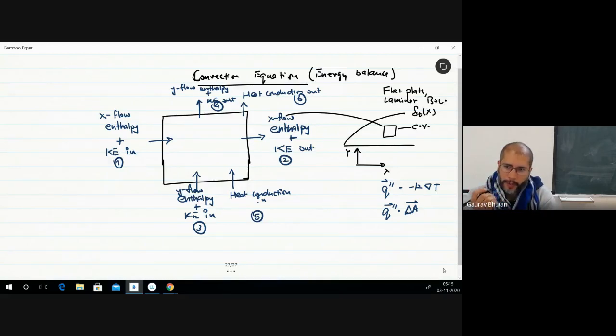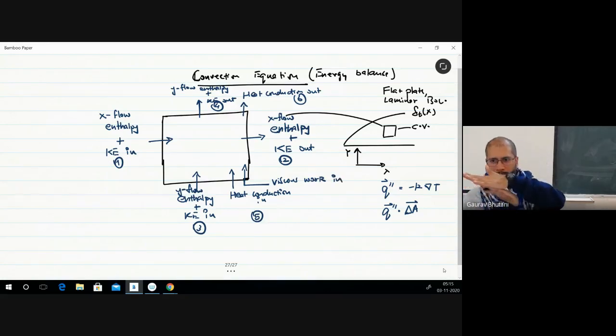We won't talk too much about it, but we definitely should know the term and the expression for that. So we call this viscous work in, because one layer is slipping over the other.